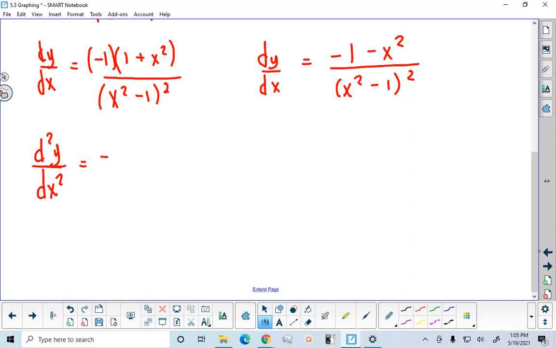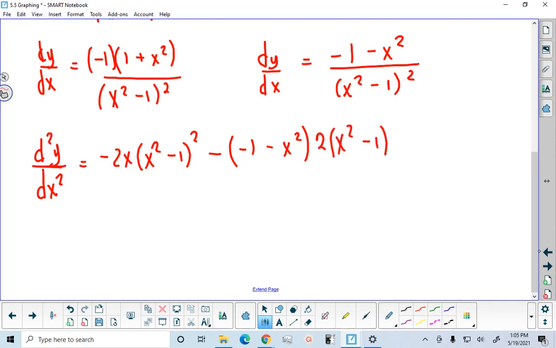The derivative of the top is negative 2x times the bottom, plus the top, minus the top. And I really am resisting the temptation to change all of those to pluses right now. But it's minus the top times the derivative of the bottom, which would be 2 times x squared minus 1 to the 1 times the derivative of what's inside, which is 2x. And it's over x squared minus 1 to the 4.